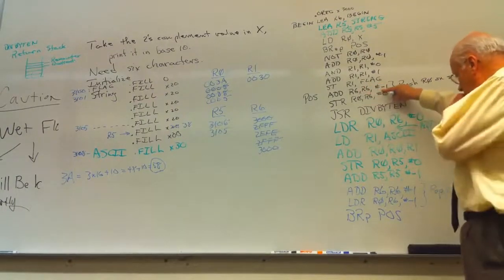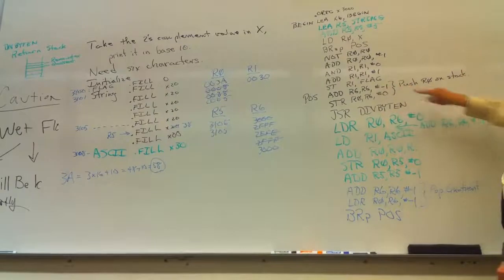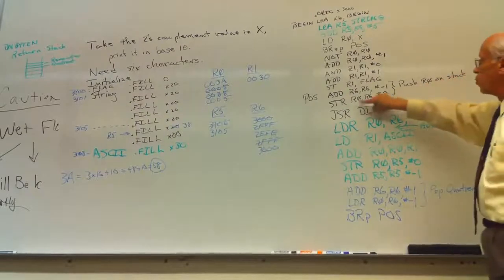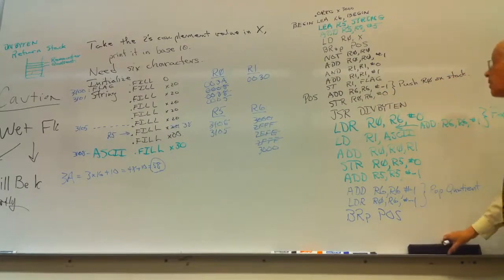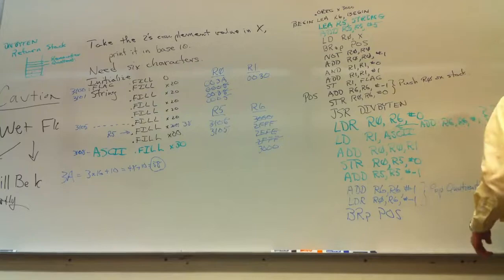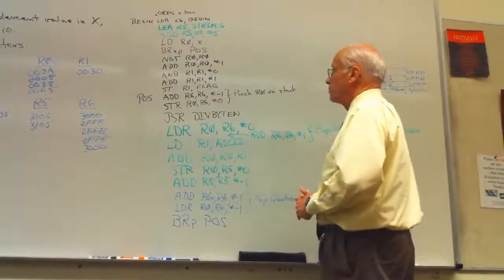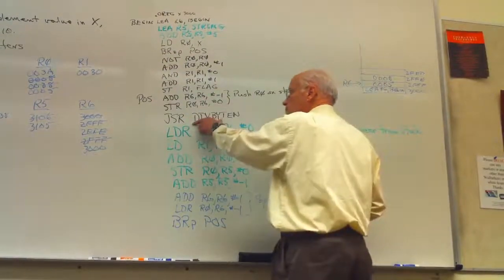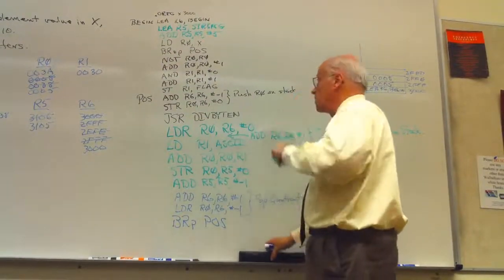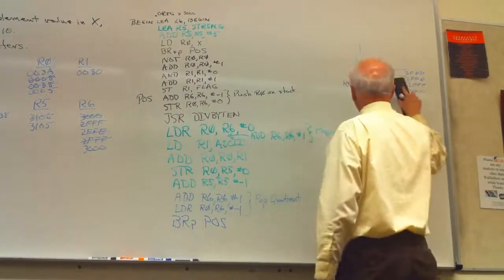Now, I subtract 1 from register 6, gets it back to here. I store register 0 out there. Happens to be the value that's already in that memory location, but that's okay. We go to the subroutine, divide by 10.